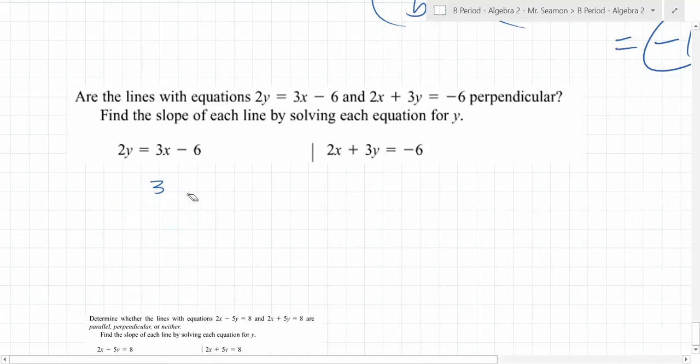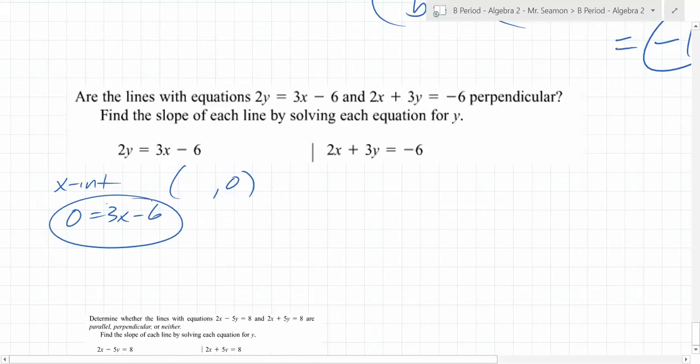Absolutely. So what do you have to find the slope? The y what? Intercept. So yeah, you have to find the y-intercept and you have to find the x-intercept. So the x-intercept is when y is 0. When y is 0, you have 0 equals 3x minus 6. What does x equal to make this true, Nate?